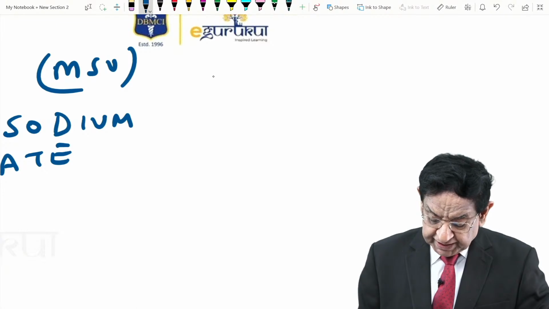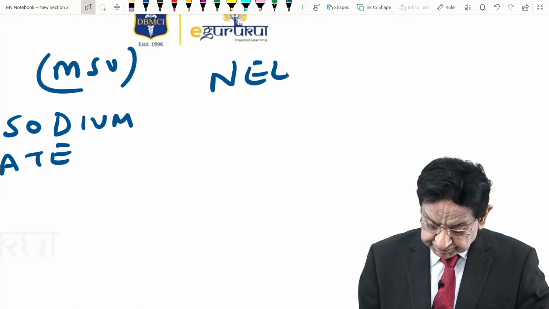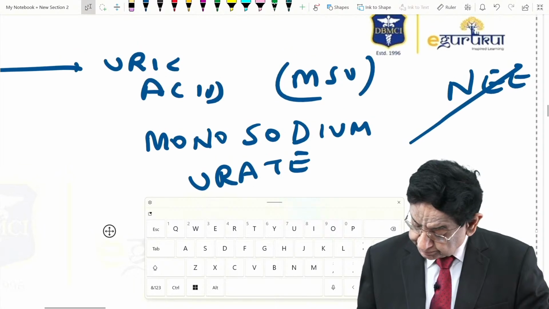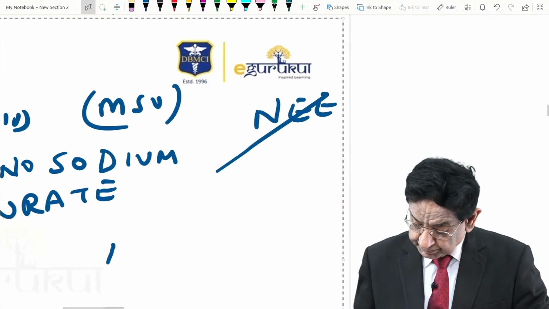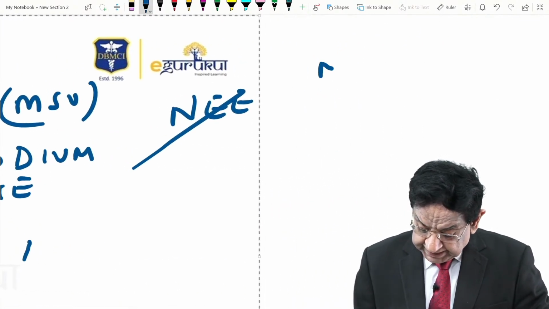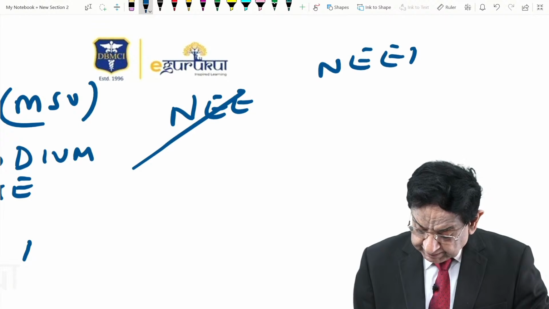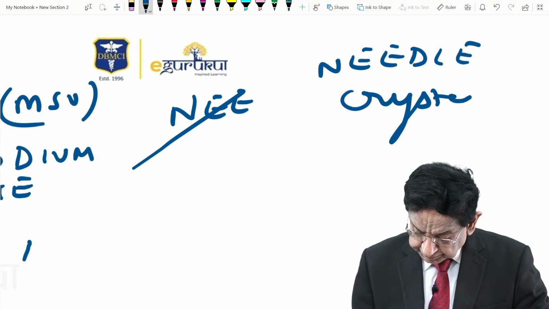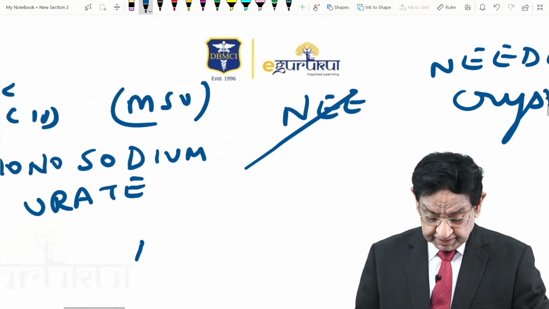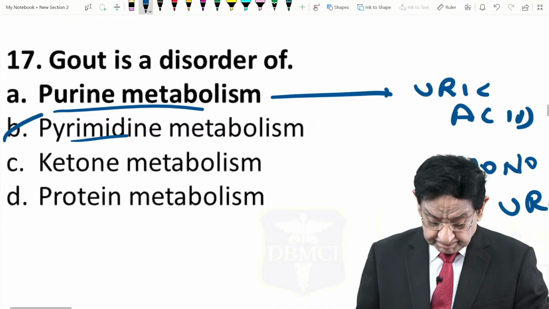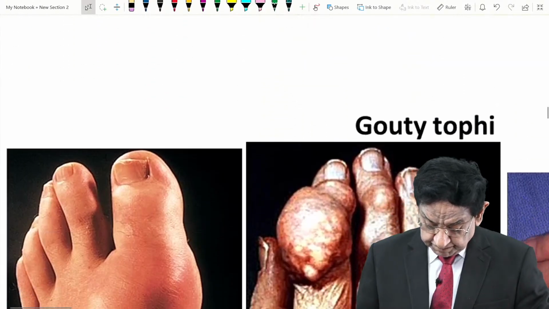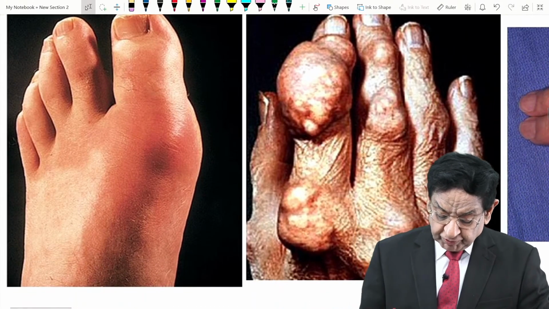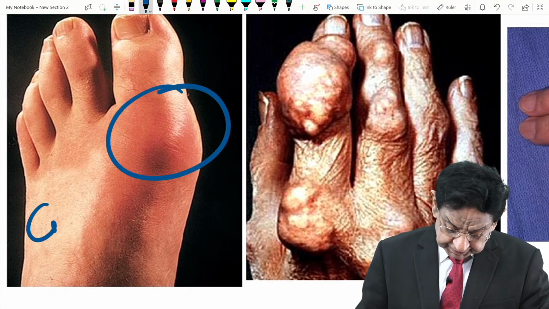In this we get needle-shaped crystals. Most common joint involved is the great toe joint.